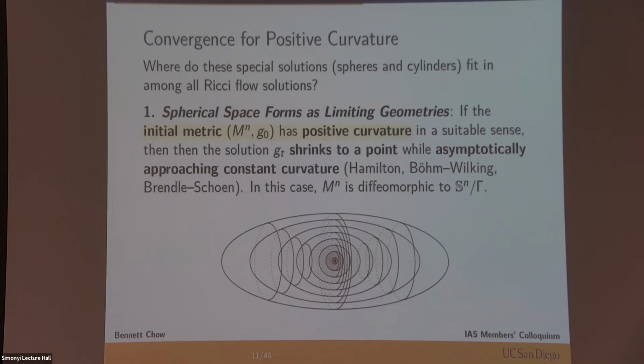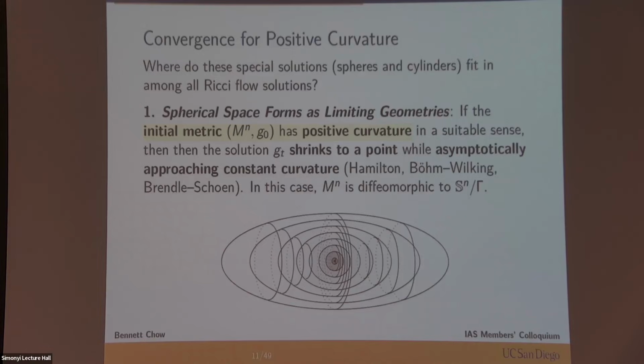So now we want to look at what could possibly happen in general. The first thing is, what if we restrict to have some type of positive curvature? These are the cases that Hamilton, Wilking, and Brendle-Schoen proved. Hamilton did the case of positive Ricci curvature in dimension 3.